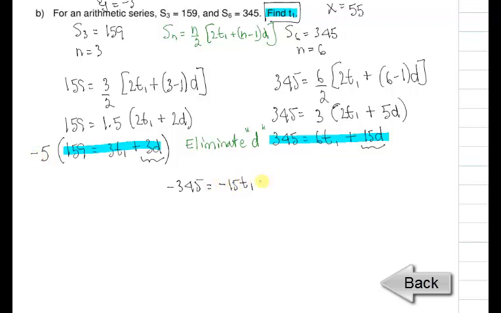Sorry, when I times this by this, I'm going to get -795 equals -15t1 minus 15d, and then I leave this one, my second equation, as is.